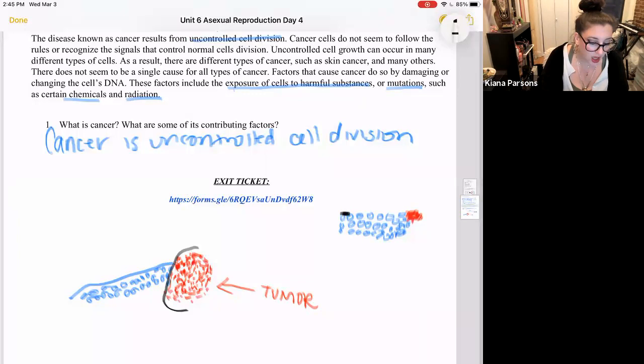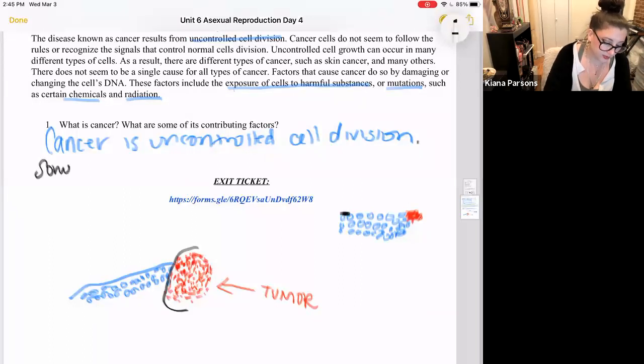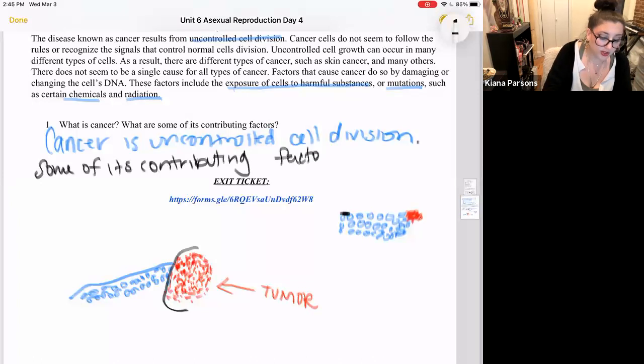What is cancer? Cancer is uncontrolled cell division, and some of its contributing factors are harmful substances, like all of the chemicals found in cigarettes.